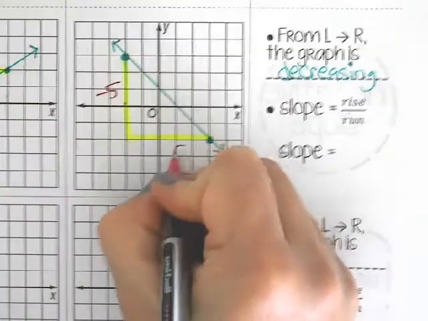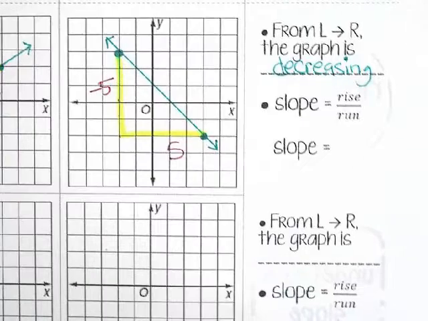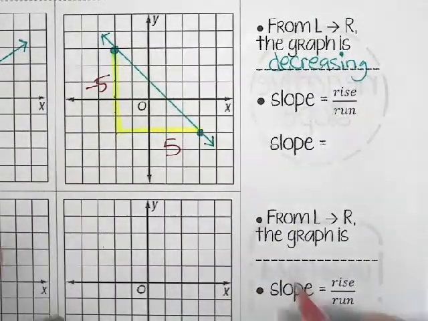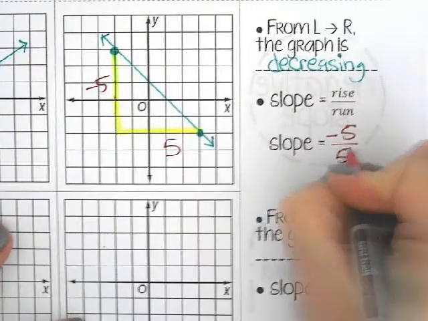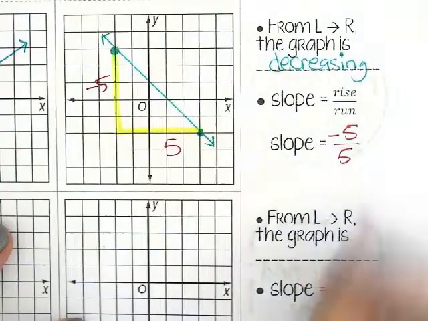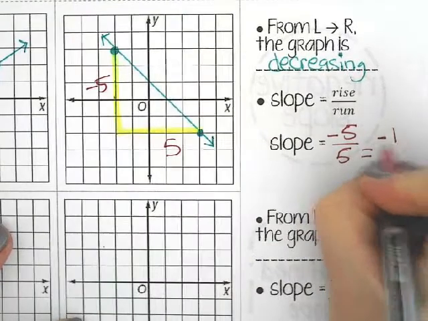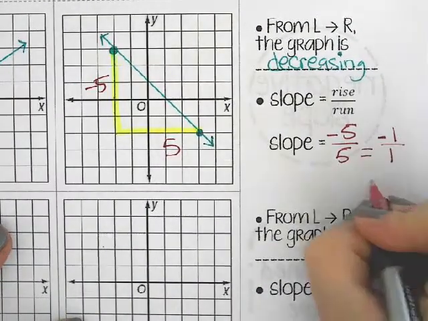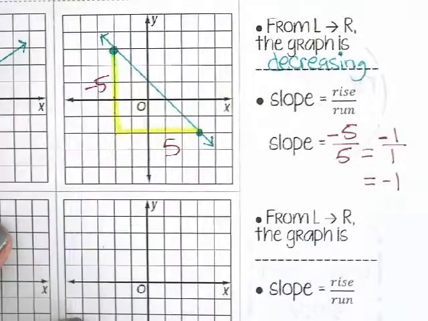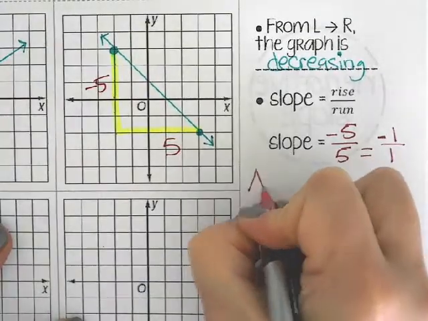Positive 5. So my slope, -5 is my rise. Positive 5 is my run. I can reduce that to -1 over 1, which is just equal to -1. So this is a negative slope.